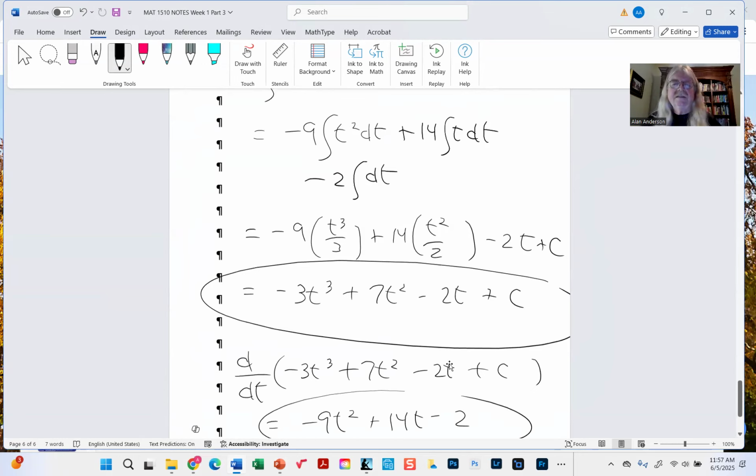All right, so what's next? So the actual answer, of course, is negative 3t cubed plus 7t squared minus 2t plus c. This is our double check right here. All right, great. Now, we don't need to do every single one of these. Let's go on to the next one. Oh, that was it for that section.